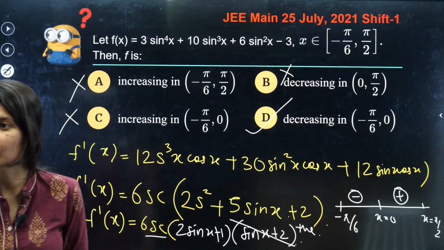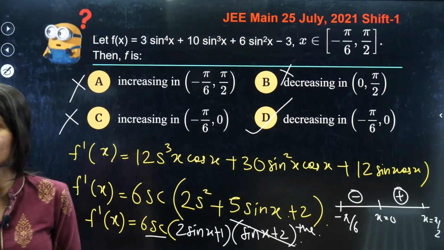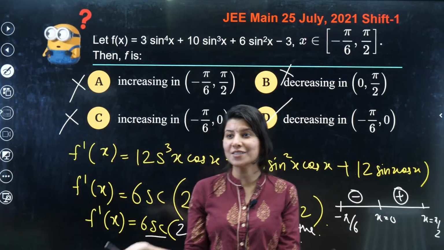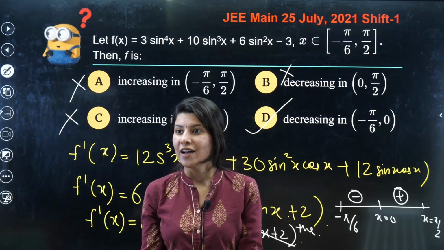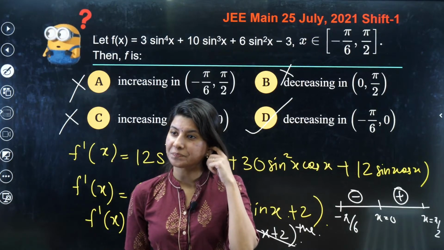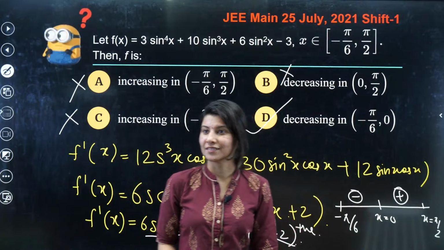Let me just have a look in the chat box. I hope that you are getting it, because I can't see option D in the chat box. Why are you not able to answer it?